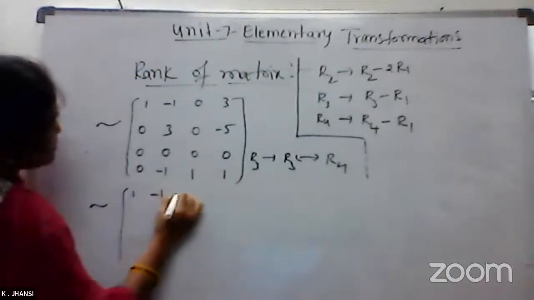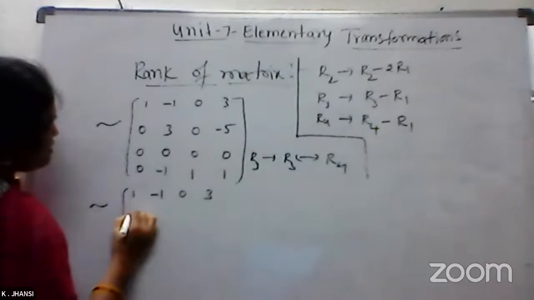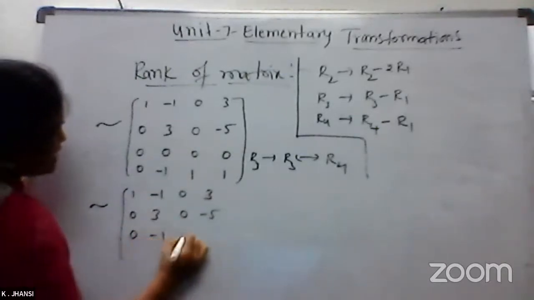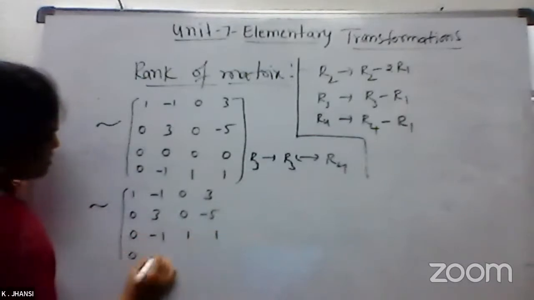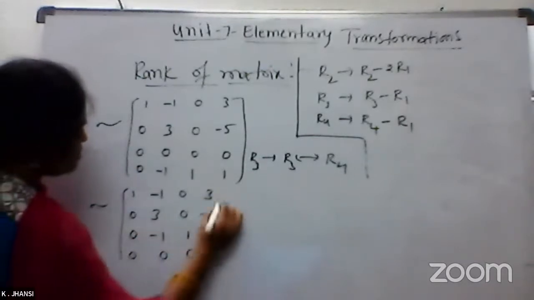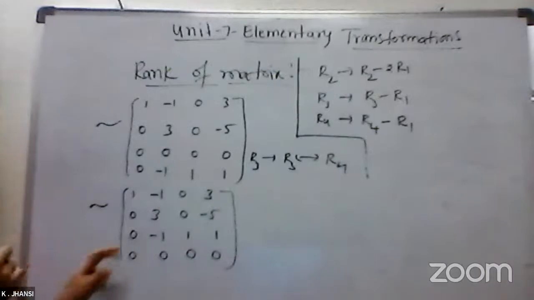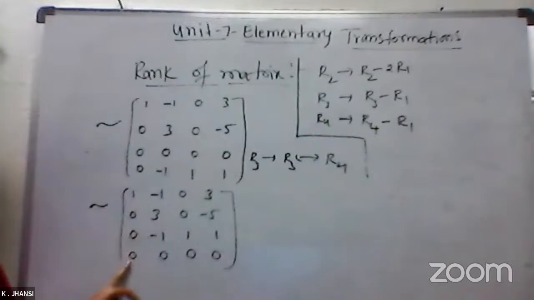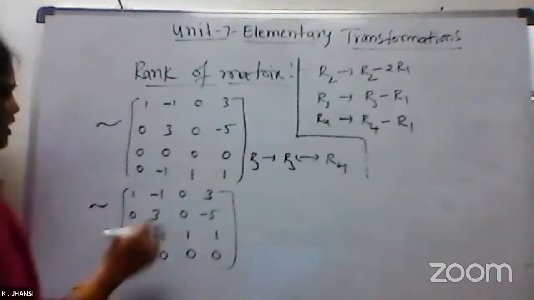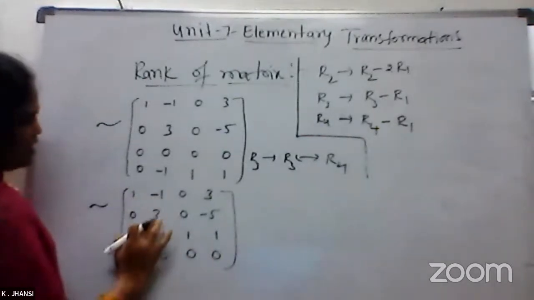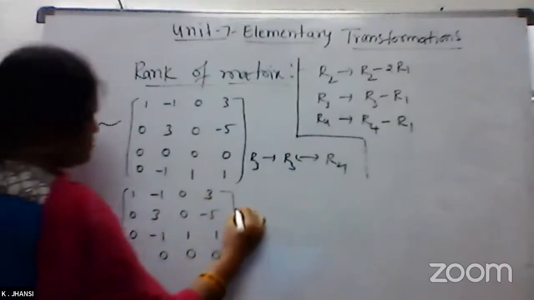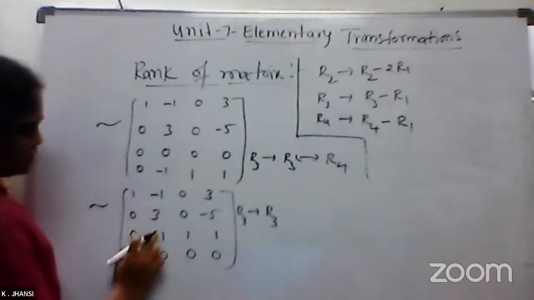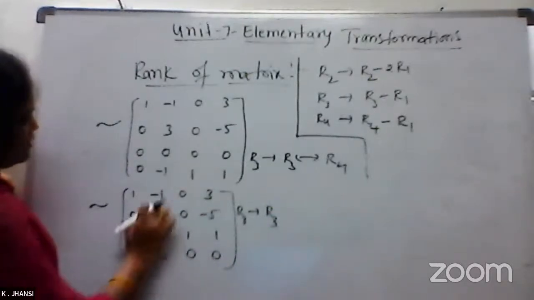So 1 minus 1, 0, 3, 0, 3, 0, minus 5, 0, minus 1, 1, 1, 0, 0, 0, 0. Okay. So here we got this triangle. Even if you want, you can make this 0. This you have for this one. Minus 1, minus 1 is there.